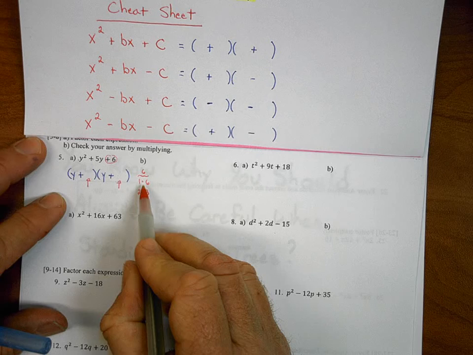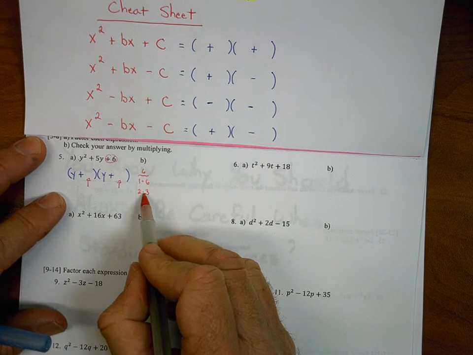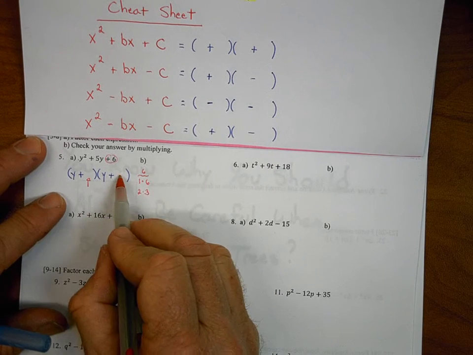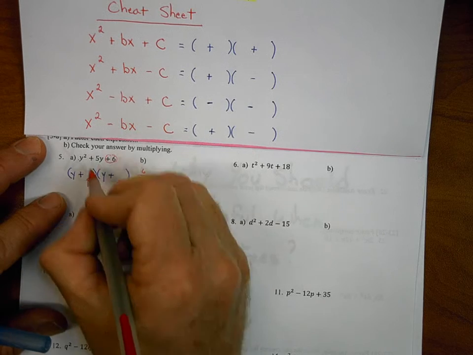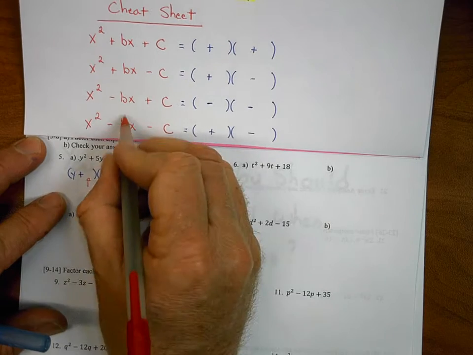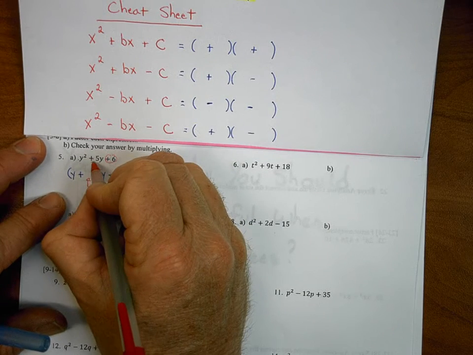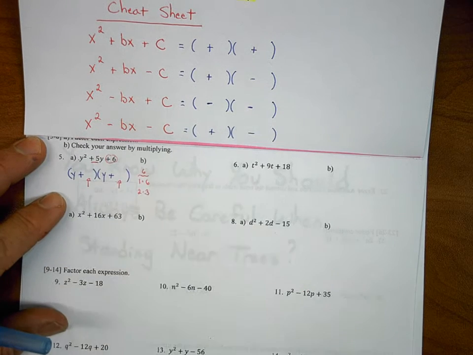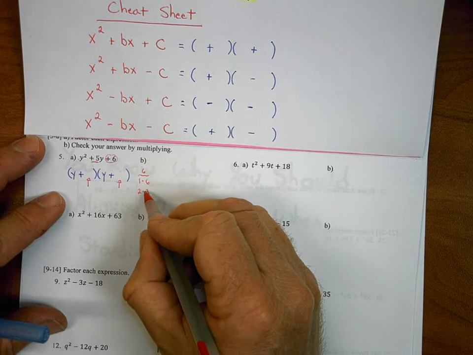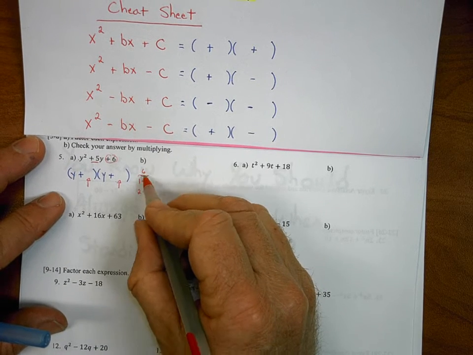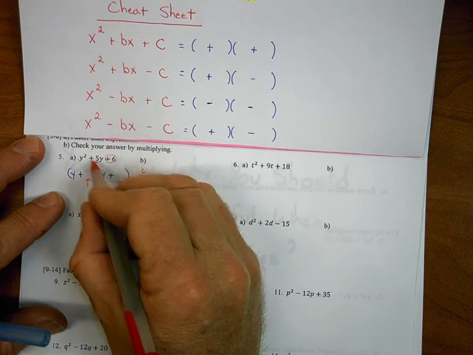Now, one of those pairs is going to be my answer to what I put here and here for my factors, okay? And this middle value, my B value, which is positive 5, that middle value tells me, which one of those pairs can I put together by addition or subtraction to make 5?